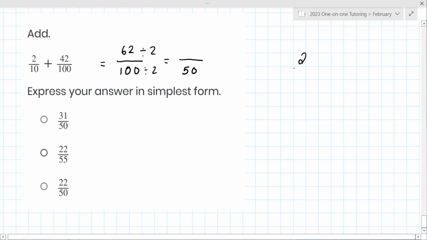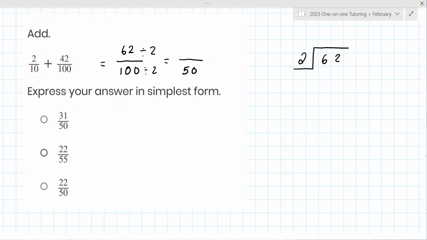And if you're not sure, you go back over here and you write 2 on the outside, 62 on the inside.